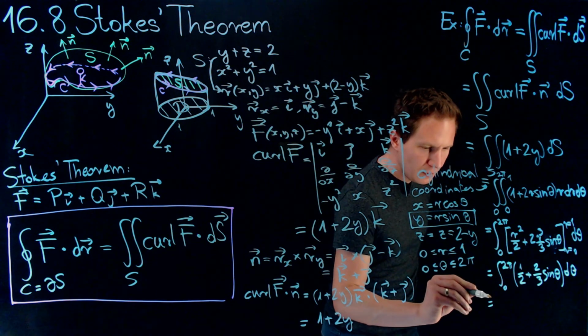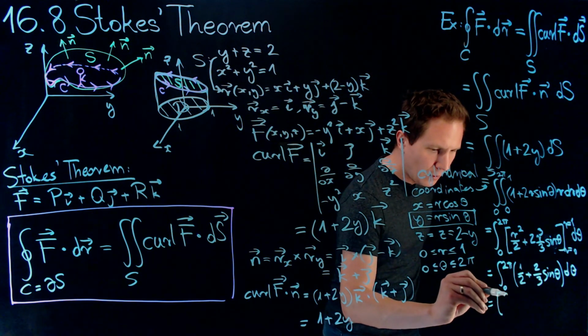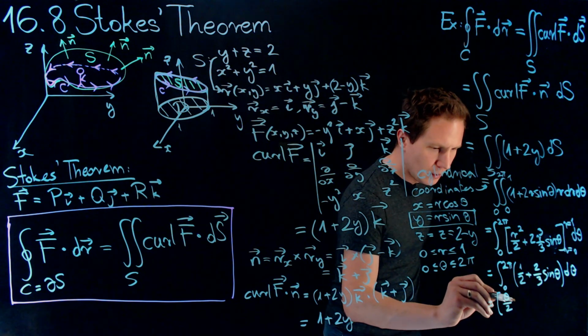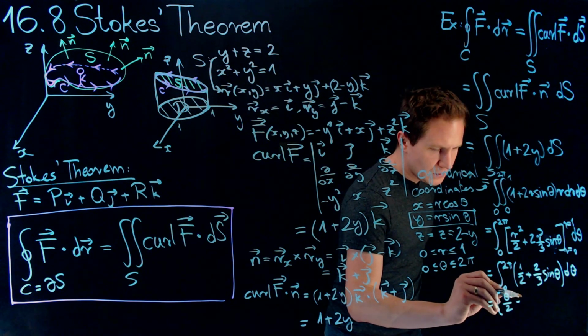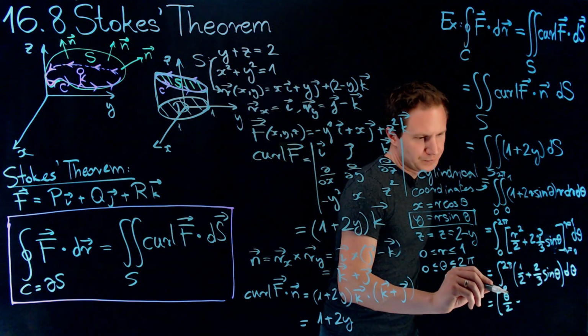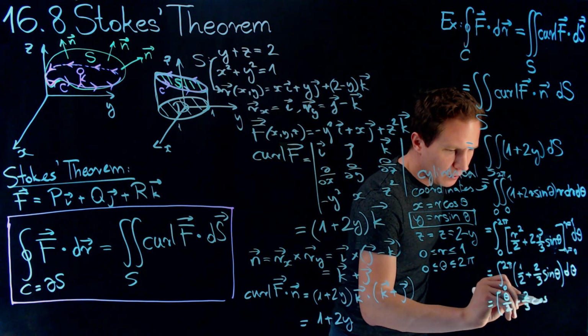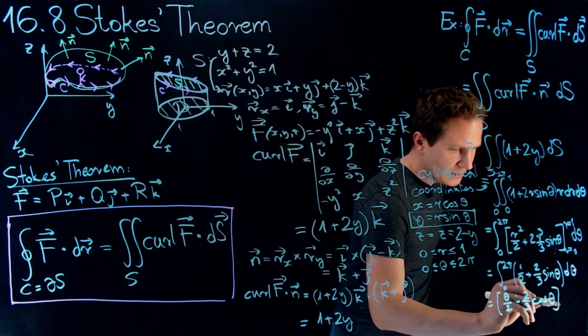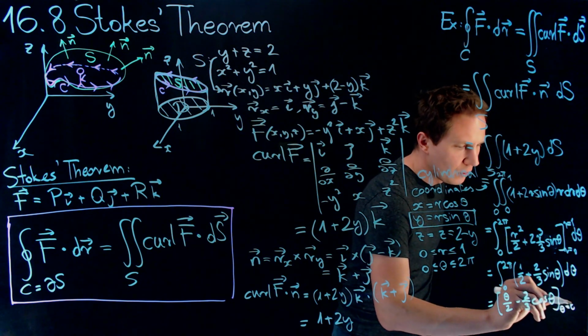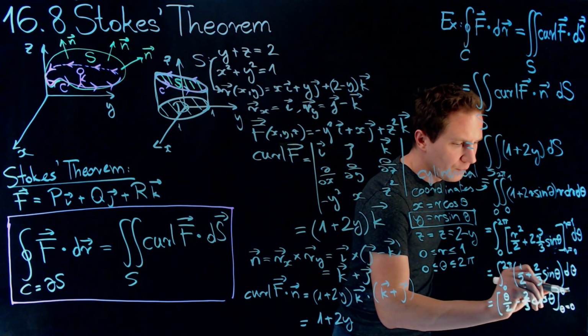The antiderivative of this function is theta over 2 minus 2 over 3 times the cosine of theta as it changes from 0 to 2 pi.